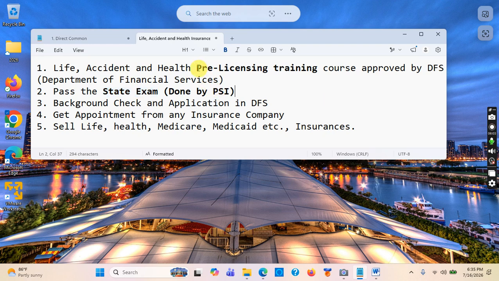You will be completing a pre-licensing course from any school which is approved by DFS. After completing that course, the school will give practice questions that you can practice. There are many schools. The school I have used is called Excel.